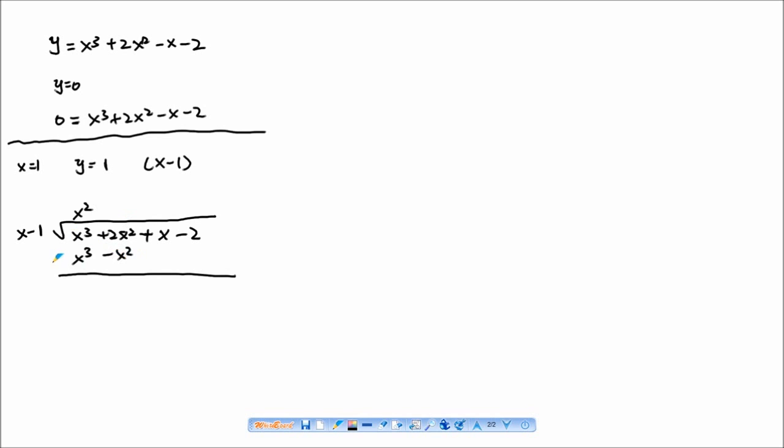Top function minus the bottom function, so it's going to be x squared.